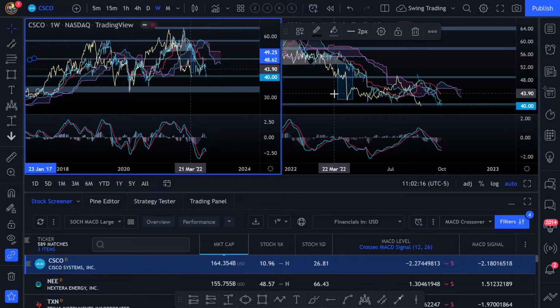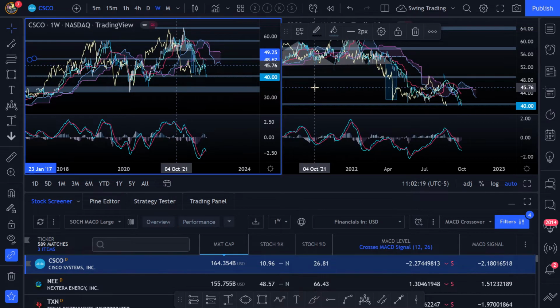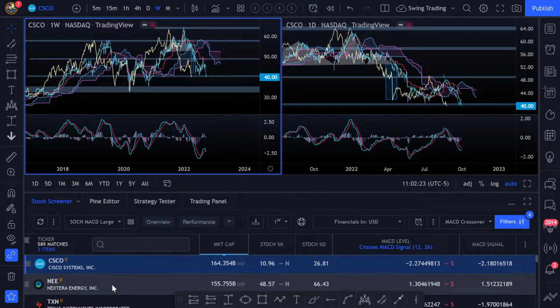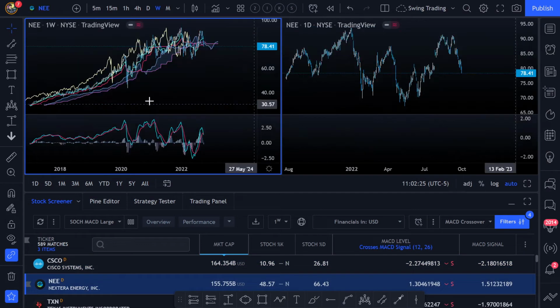So let's see what this stock does in this coming week. Let's move to the next stock.